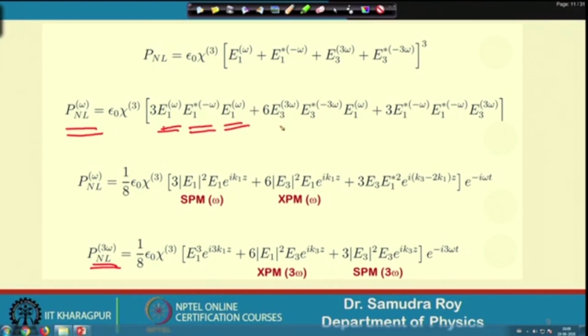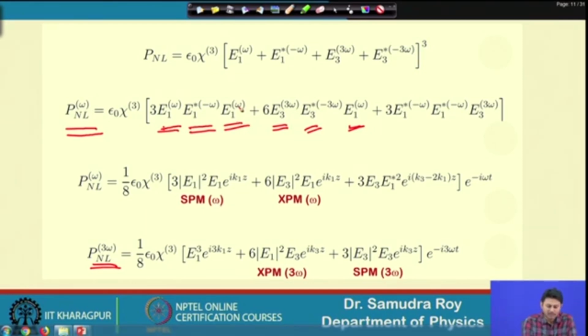Also we have E3 star, which gives minus 3 omega, and then multiplied by E1 omega we will have the omega component. What we need to do is add whatever is written in the bracket and check whether you are getting omega or not. If you have omega, then these are the omega components.